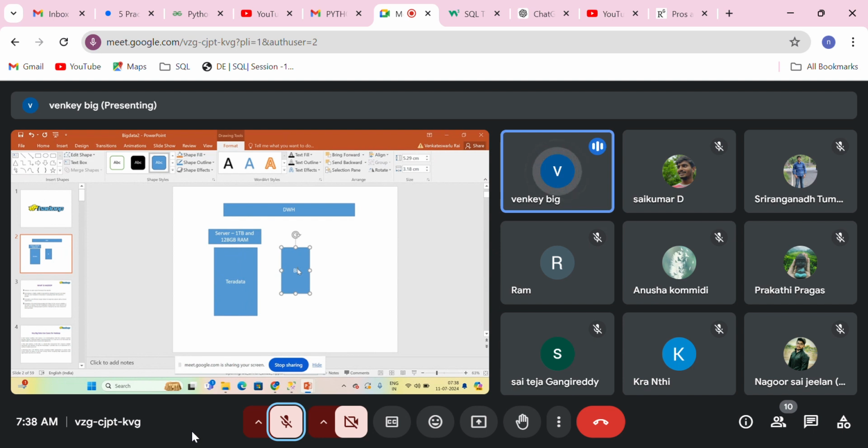Okay, so now what is happening? My ETL jobs are continuously loading to Teradata, and my server capacity is 1 terabyte and 128 GB RAM. So at a certain point of time, my entire server memory gets filled up, right? So now what will happen? Your Teradata software will start behaving weird.